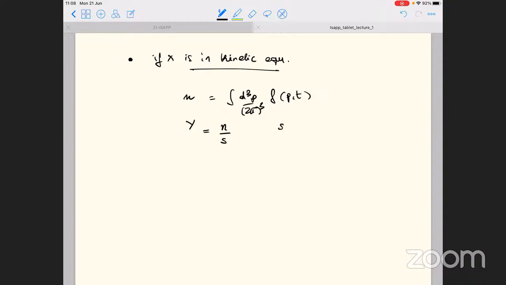Let me just write it once and for all: S, the entropy density, is this quantity that is proportional to g_star T cubed, and there is 2 pi squared over 45 in front of it. It's usually very convenient to work with dimensionless quantities, and I will refer to the comoving number density as big Y.